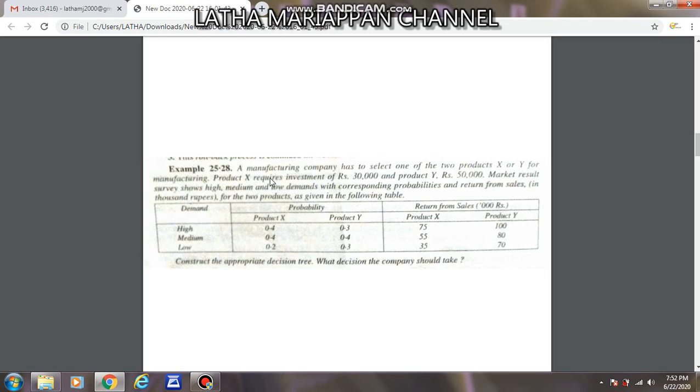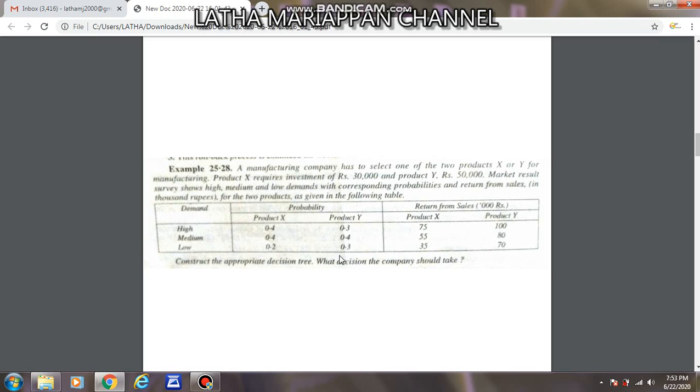Okay, here market demand is given, high demand, medium demand and low demand, and they have given probability values for product X and probability values for product Y. And here how much they will get in sales. Okay, if it is a high demand they will get 75,000 for X product, 55,000 in medium demand, and in low demand they will get 35,000, like that. Similarly they have given for product Y 100, 80, 70. This is in terms of 1000 rupees.